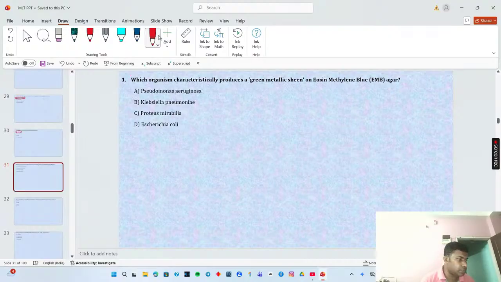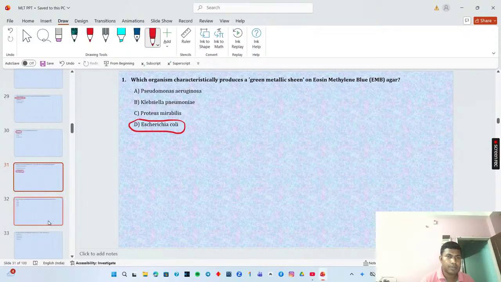EMB agar is used to screen which bacteria? It is used to screen Escherichia coli. Escherichia coli, E. coli. Okay.